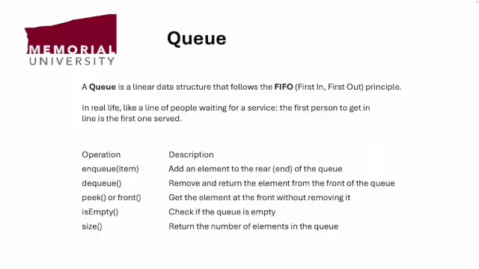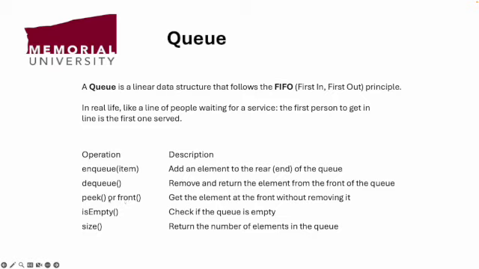So here are the basic operations. If you define the queue, these are the basic operations you need to think about to implement. Or if you use the built-in functions, you know this function is available for the queue. Enqueue means add an element to the end of the queue. Dequeue removes and returns the element from the front of the queue.